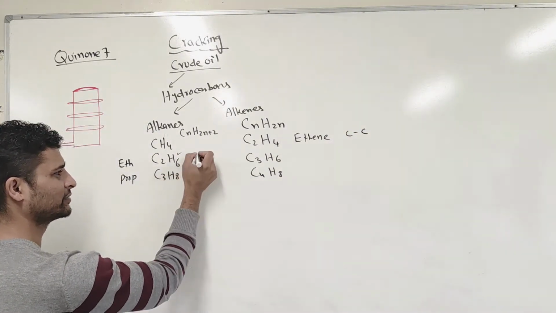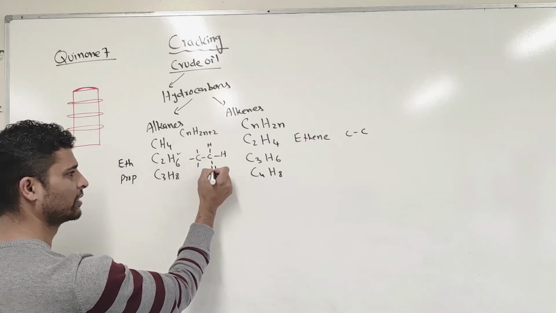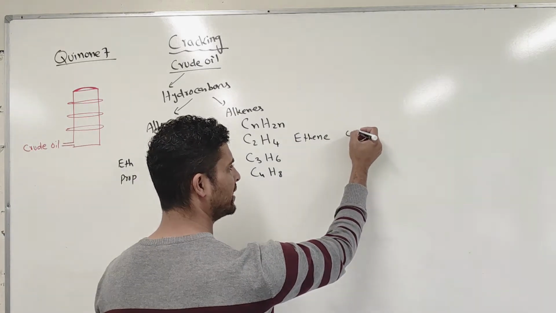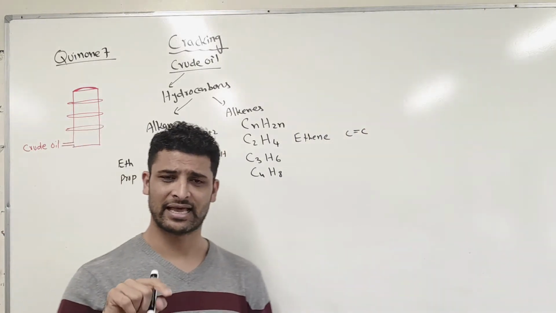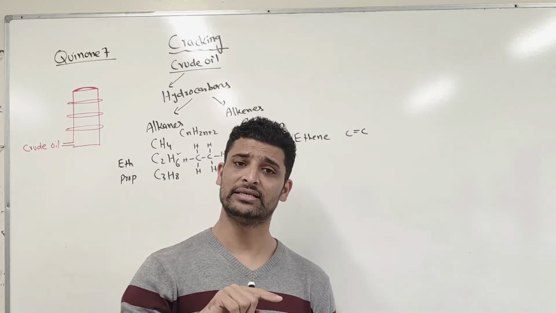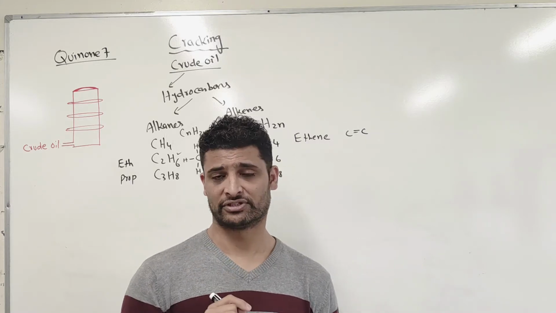You will have 6 hydrogens. You put 6 hydrogens around it, and that will give you the formula. Here, alkanes have carbon to carbon all single covalent bonds. Alkenes have a carbon to carbon double covalent bond. That's the difference between them.